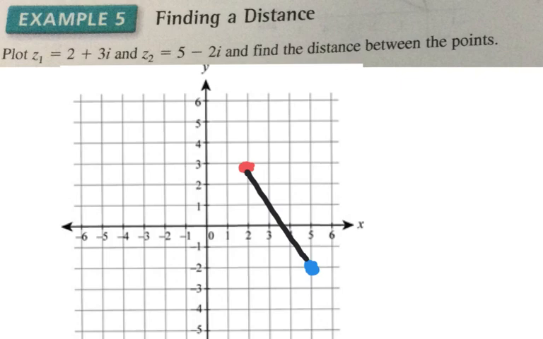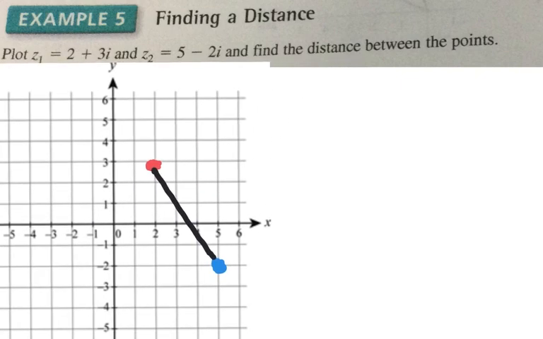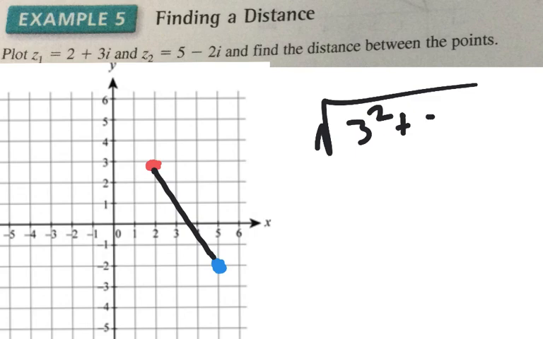So how could I find the distance between 2 points? Distance formula. Subtract your x's, or your real parts, square it. Subtract your y's, or your imaginary parts, square them.